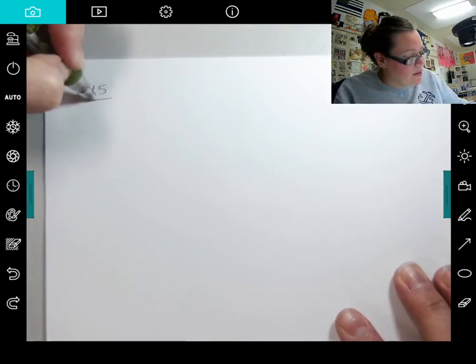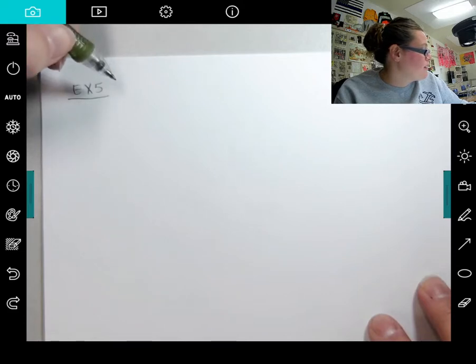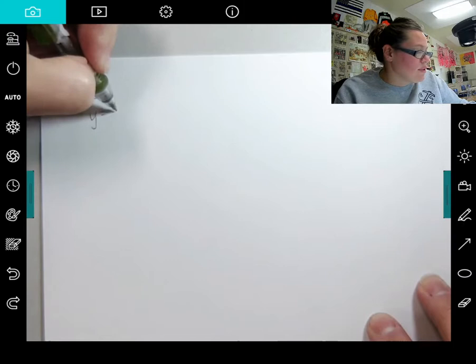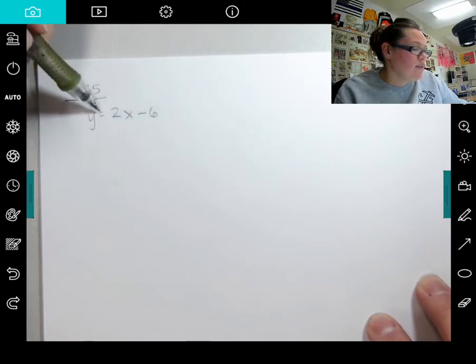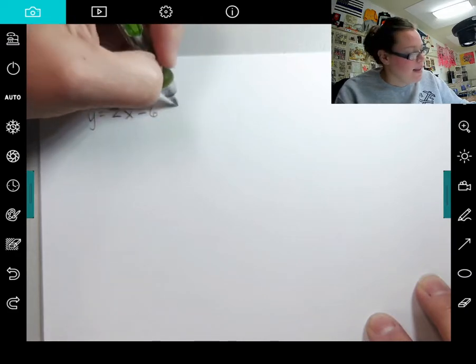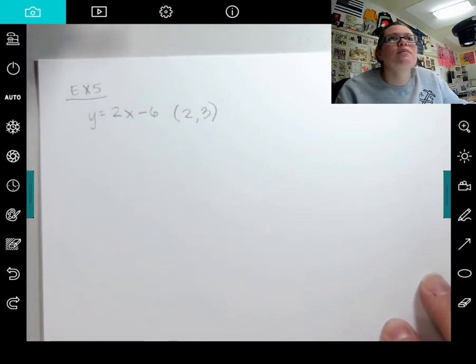So example 5. Let's pick an equation, y equals 2x minus 6. We want to find a line that's parallel to this line and passes through the given point 2, 3.